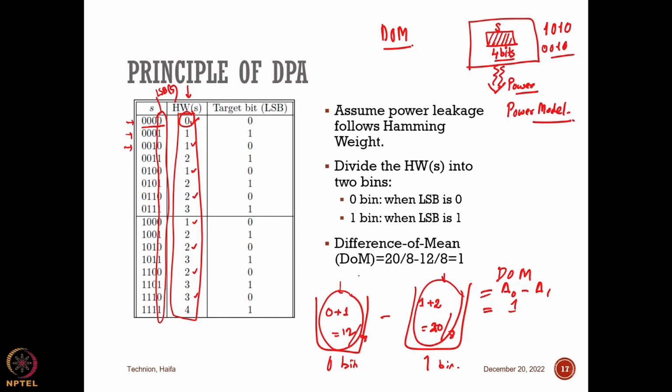If this was randomly partitioned into 2 bins, then the expected sum would have been the same, 16, in both cases, and the difference of mean would have been 0. But since we are getting a non-zero difference of mean, it says that the Hamming weight is not random, independent of the LSB of S, but is correlated with the LSB of S.